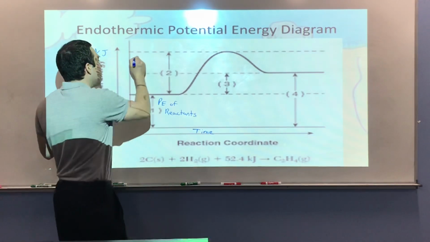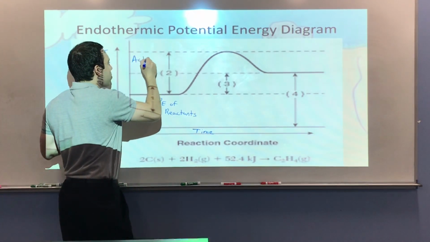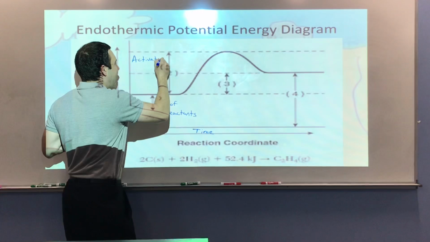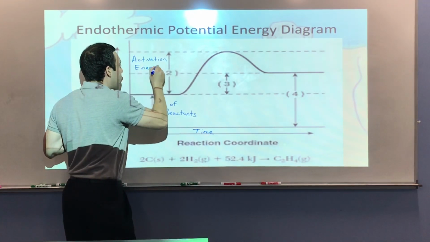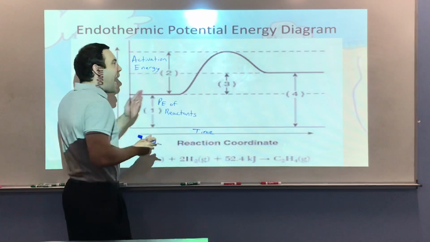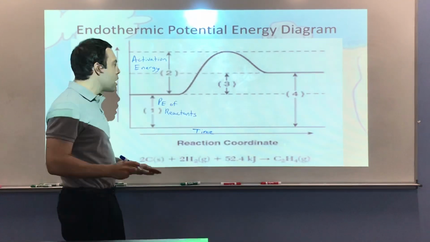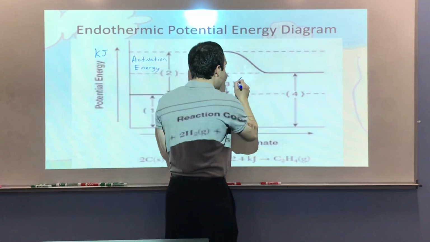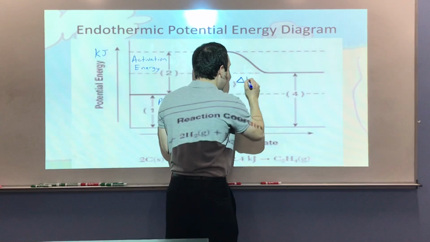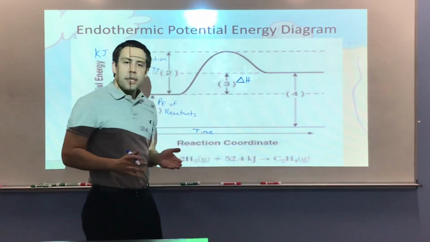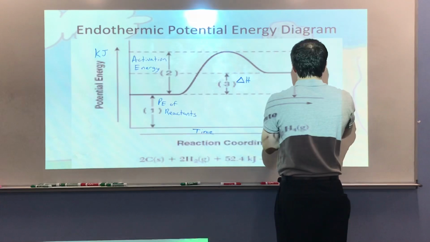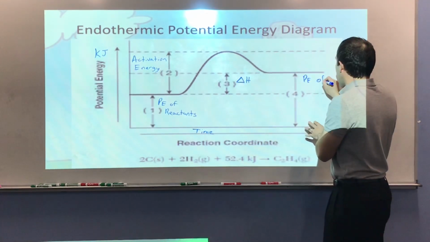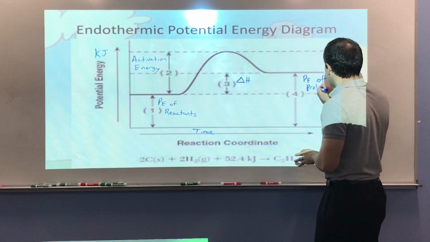Two is the activation energy. So that's the energy required to initiate the chemical reaction to get us to the top of the peak. Number three is delta H, which brings us to point four. Point four is the potential energy of products.